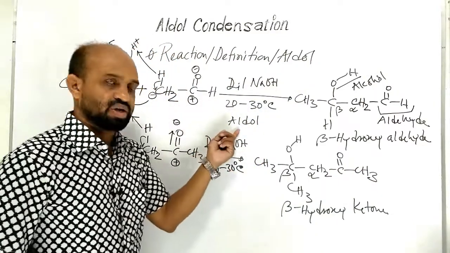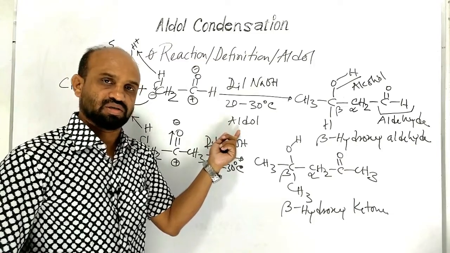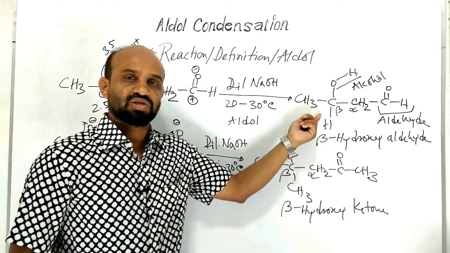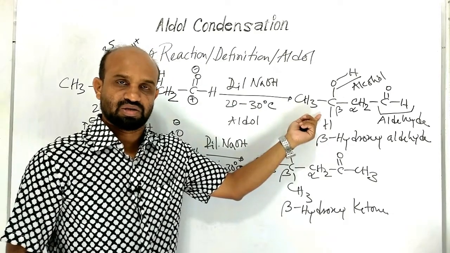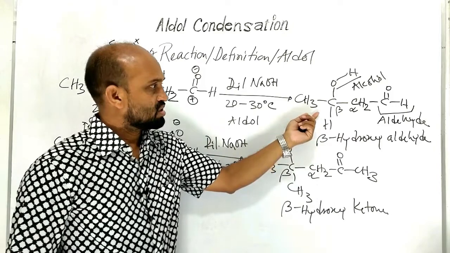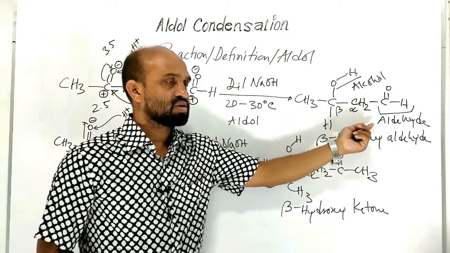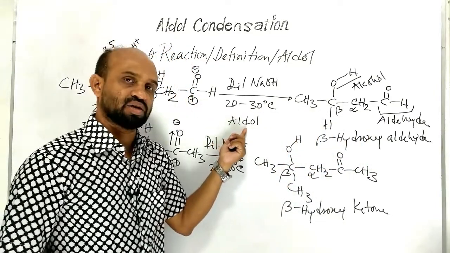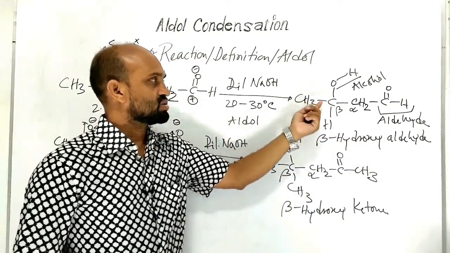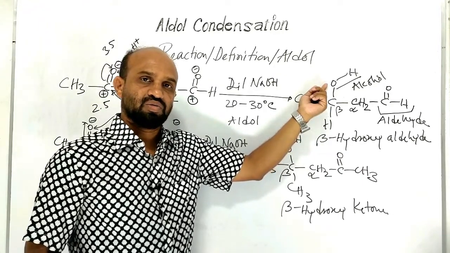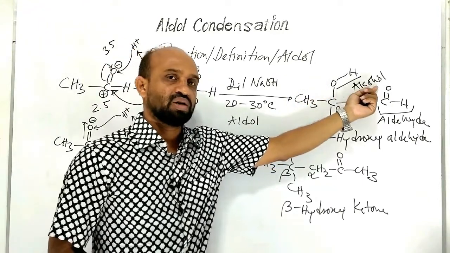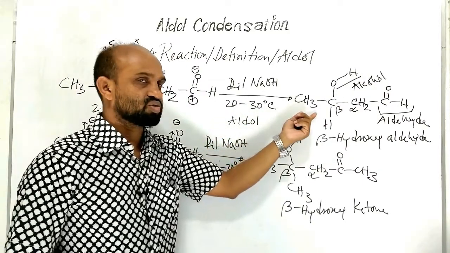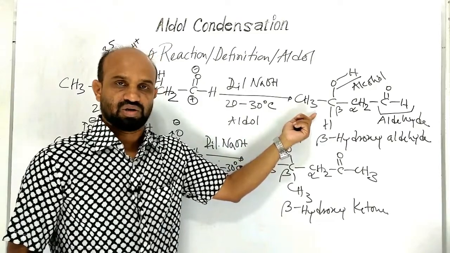Now the word is aldol, that is, this word came from this product which is produced from aldol condensation. Here the compound contains aldehyde group from which ALD is taken, and it contains alcohol as well. From this OL is taken. Now this is aldol. So this compound is aldol as well.